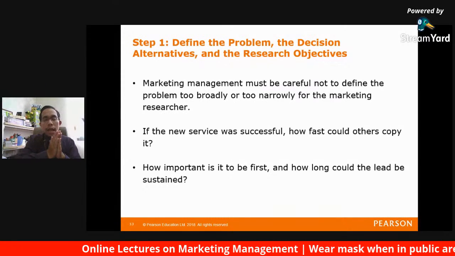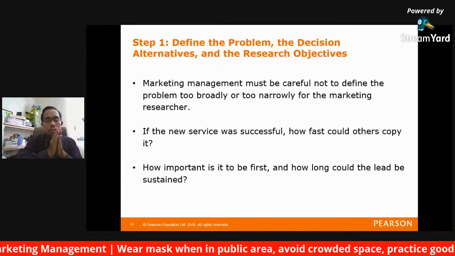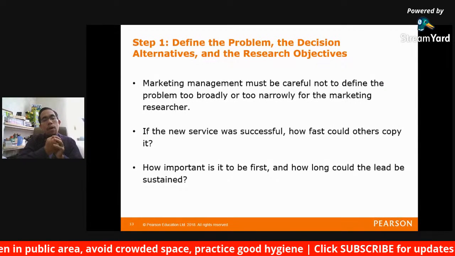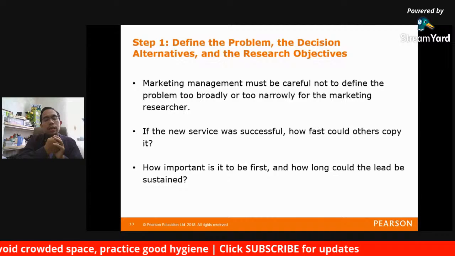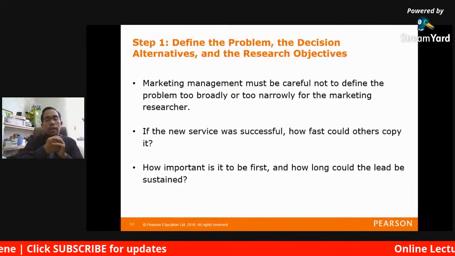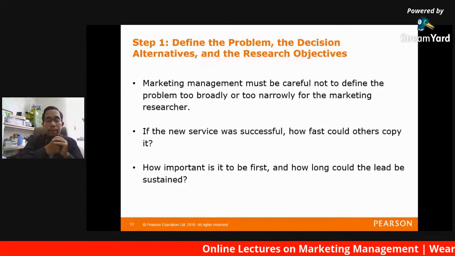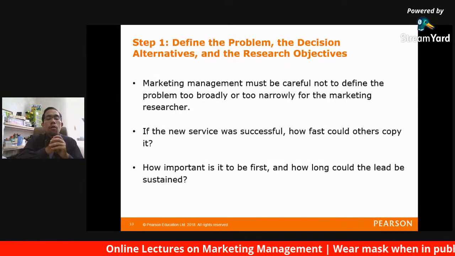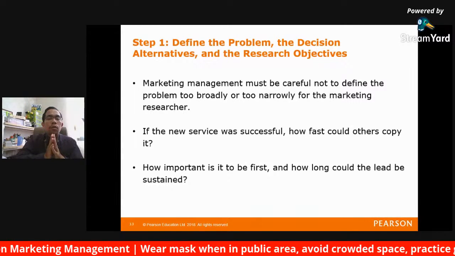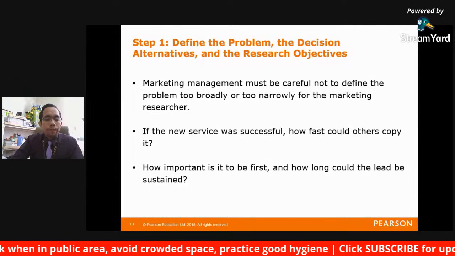But if they have the possibility to touch our market, in other words, grab our potential customers, you should have what we call a contingency plan, an action plan on how to deal with them. So how important is it to be first, and how long could the lead be sustained?